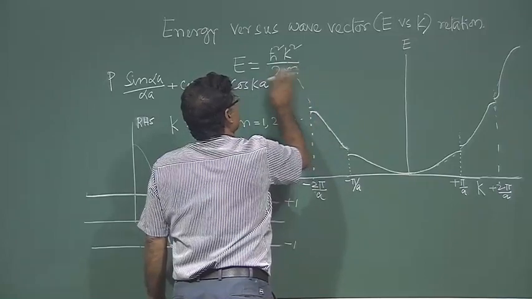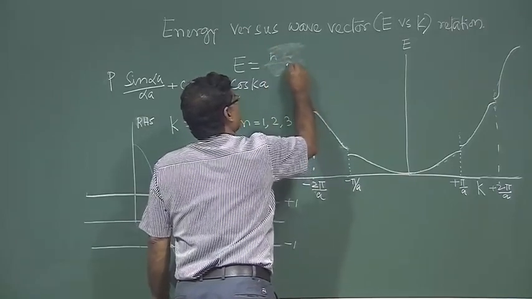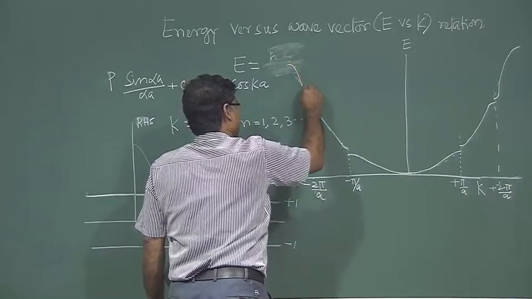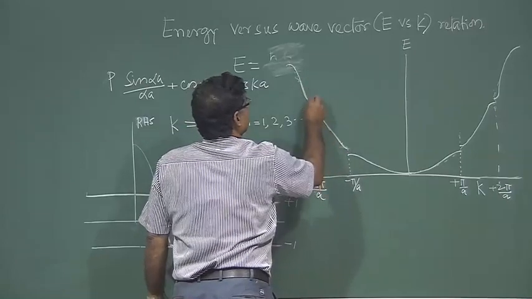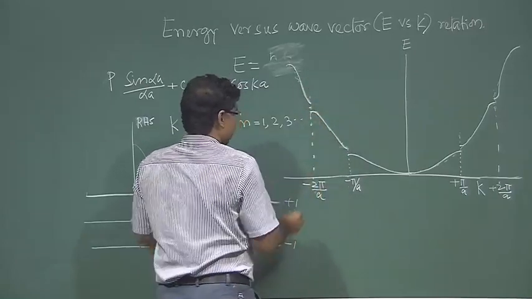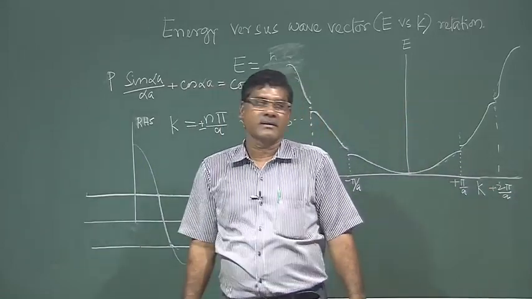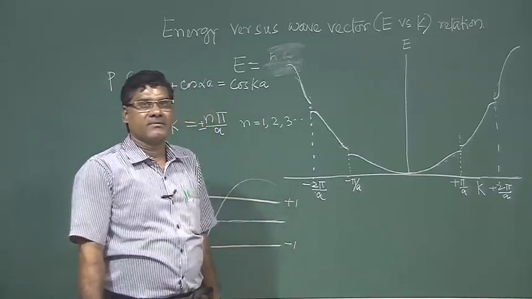Okay. So, for this plus 3 pi by a, and on this side minus 3 pi by a.